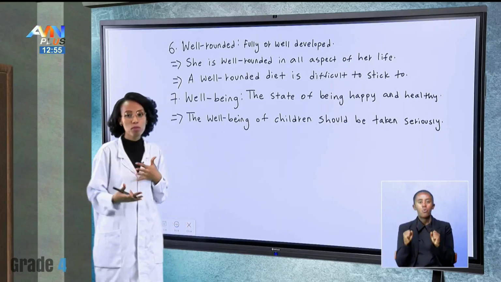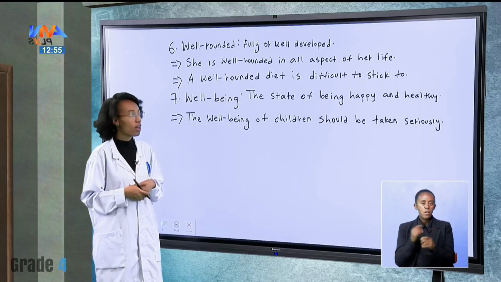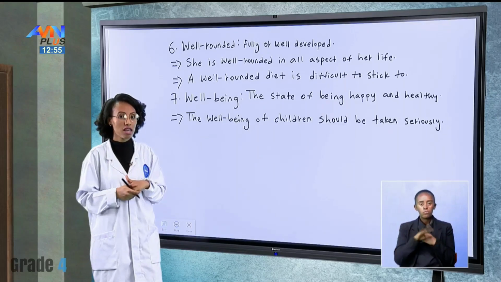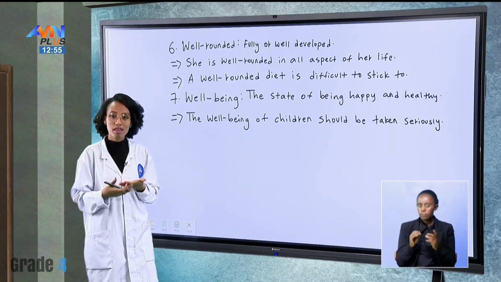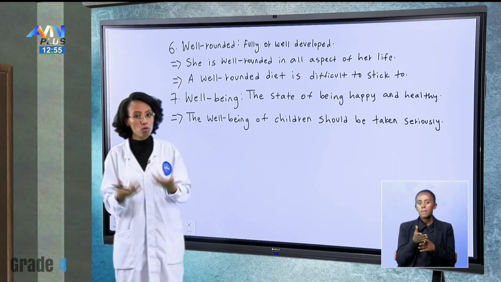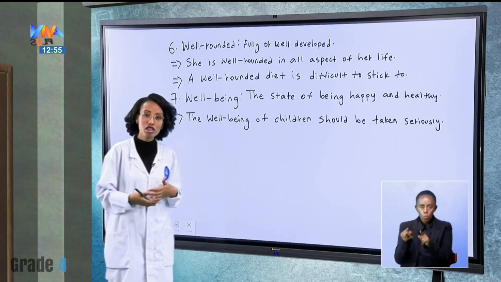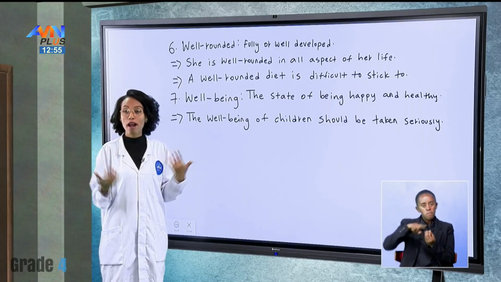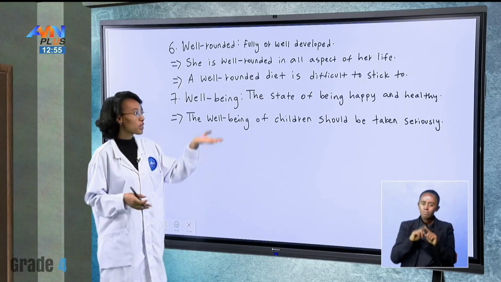Strong, capable individuals, right? So the well-being of children should be taken seriously by parents, by their parents, by schools they go to, by their teachers, by the village, by the environment, everyone, right? It should be what?